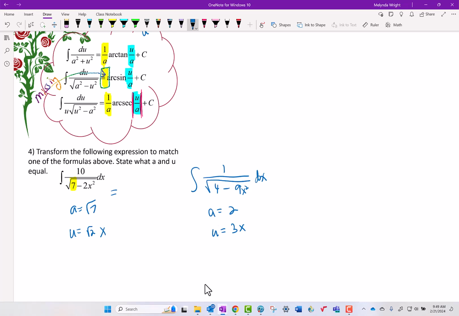So I would have to do, du equals square root of 2 dx. 1 over square root of 2 du equals dx. Okay, so because of what u is, my answer is going to have the 1 over square root of 2 arcsine of square root of 2x over square root of 7.